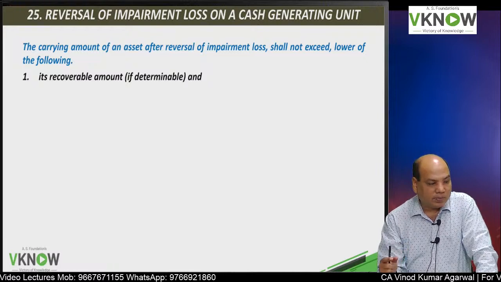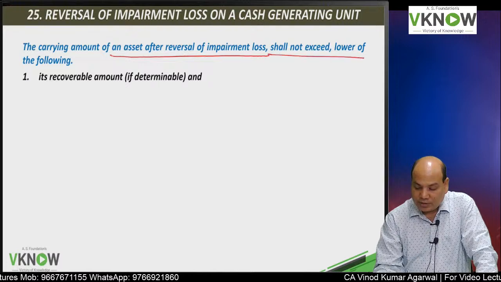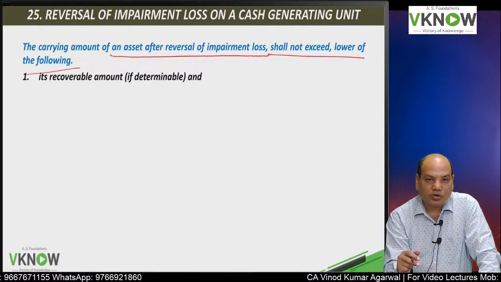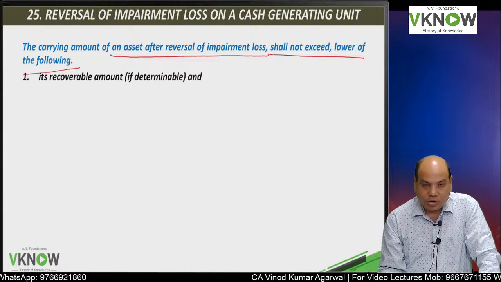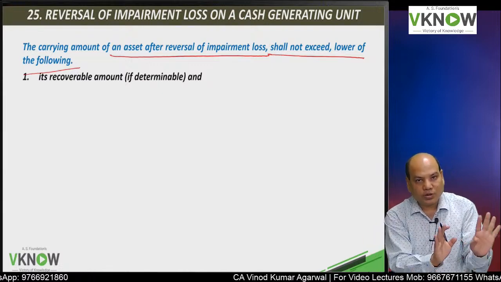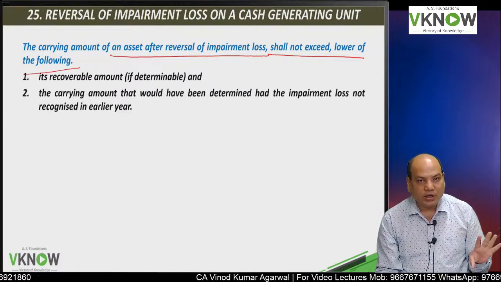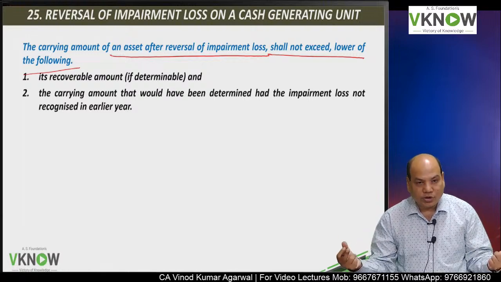Next line, when we are reversing the impairment loss, it means the carrying amount will increase. That means after reversal of impairment loss, carrying amount should not exceed the lower of the two. Same logic, we have taken a question also. It is the recoverable amount if determinable, because you are going to reverse the impairment loss on the assets of the CGU.